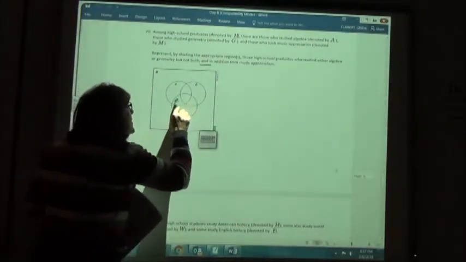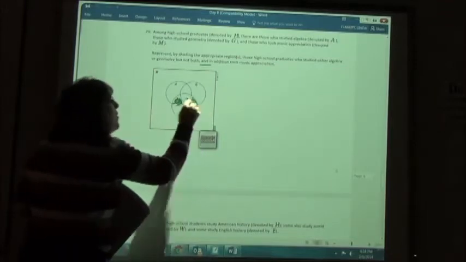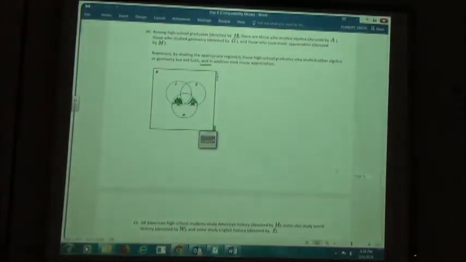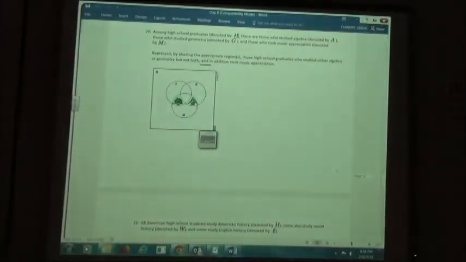So this little section here and this little section here would be those people who studied algebra or geometry and also took music appreciation. That makes sense? Kind of, maybe.